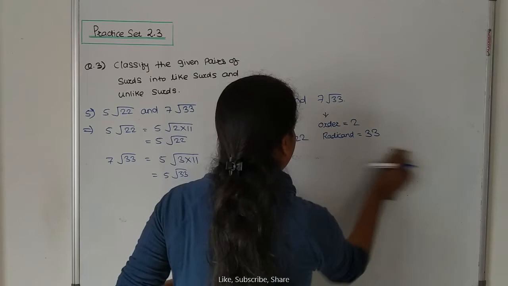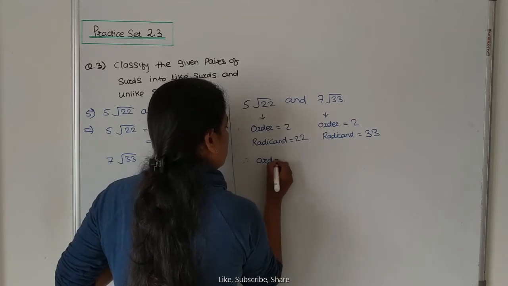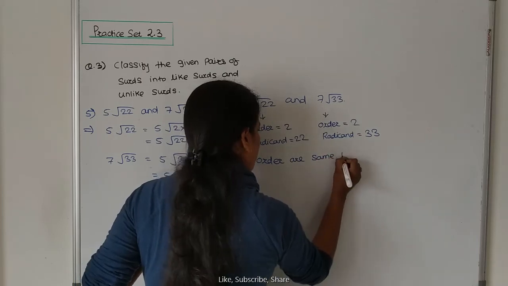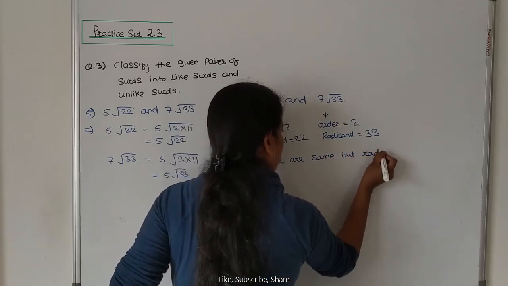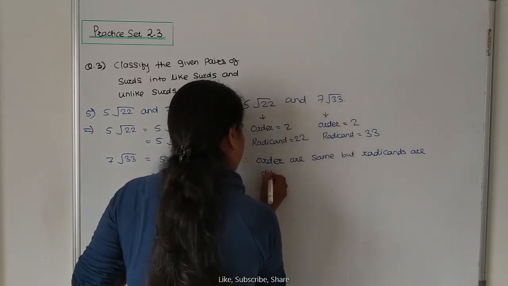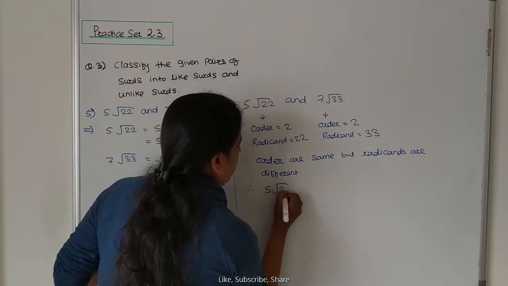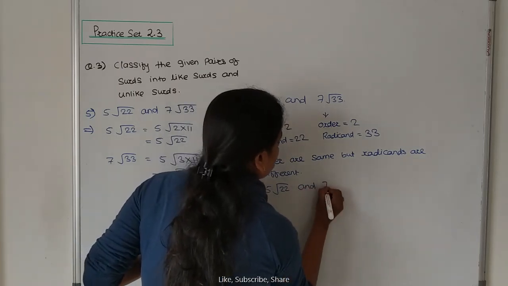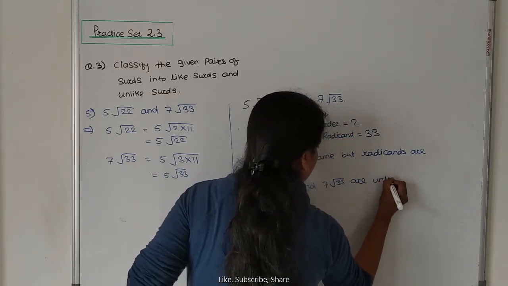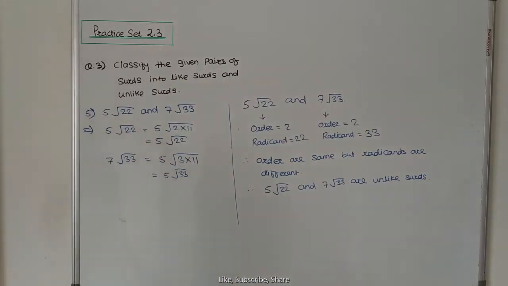Therefore, orders are same but radicands are different. Therefore, 5 root 22 and 7 root 33 are unlike surds.